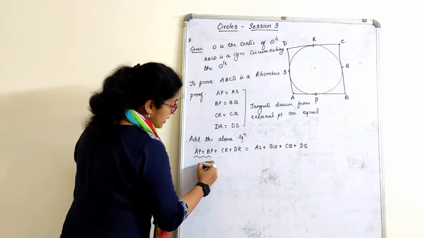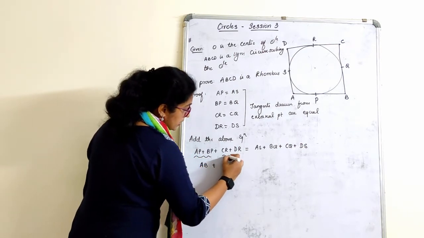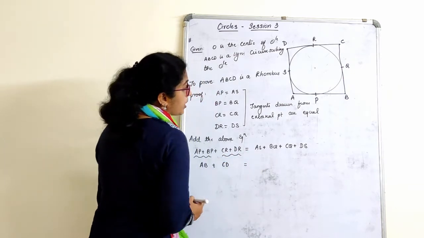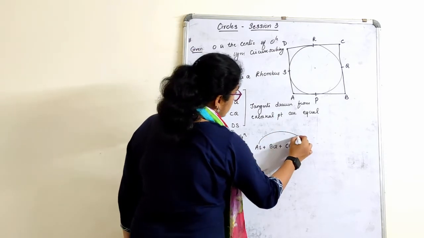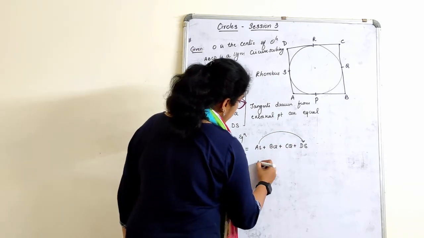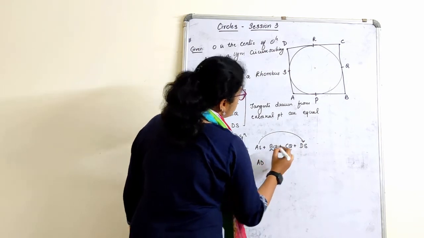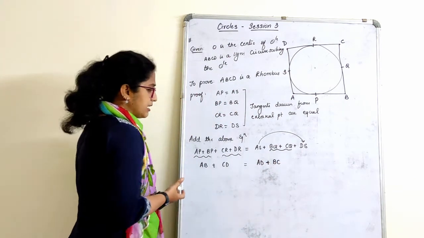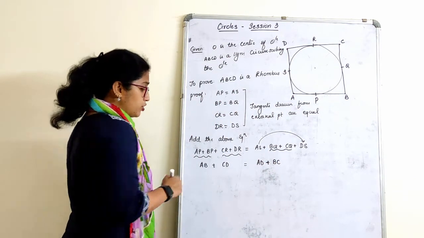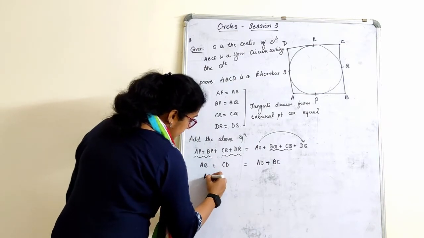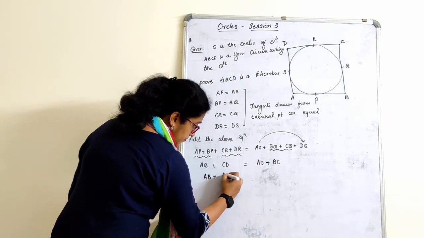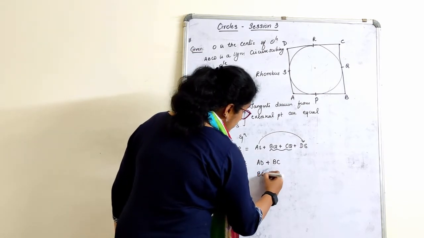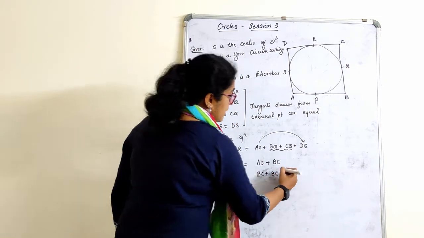AP plus BP I will get AB. CR plus DR I will get CD, equal to AS plus DS. If these two I add, I will get AD. BQ plus CQ I will get BC. But I again got the same thing here. It's a parallelogram, children. So shall I write this as AB plus AB is equal to BC plus BC.